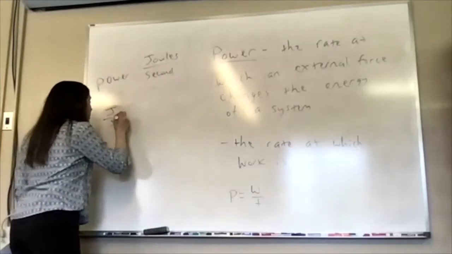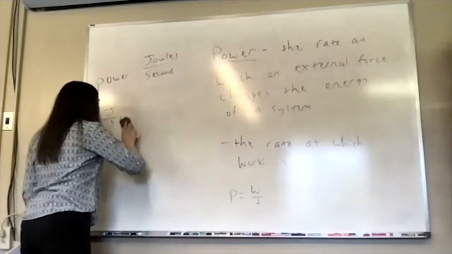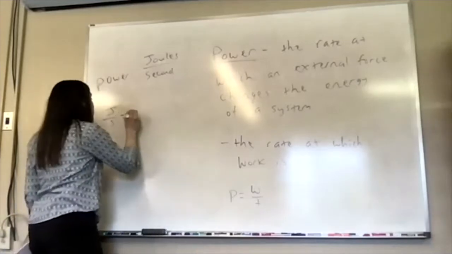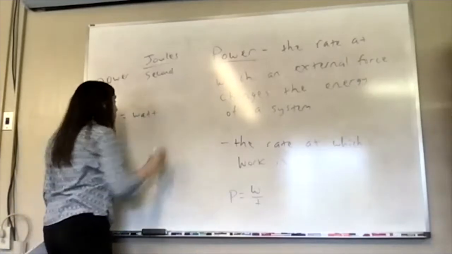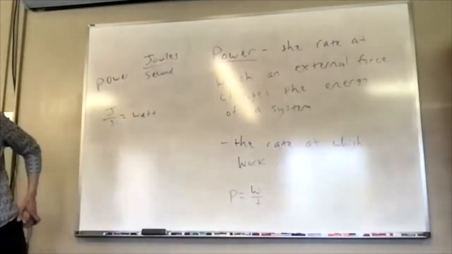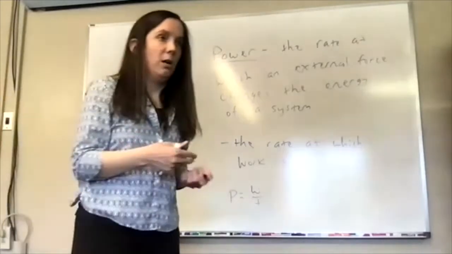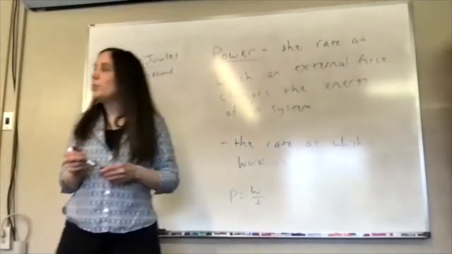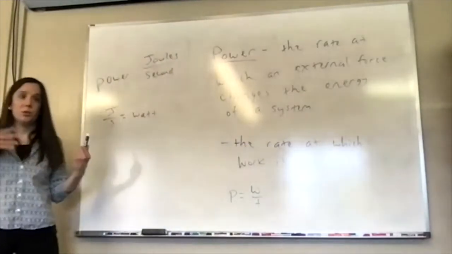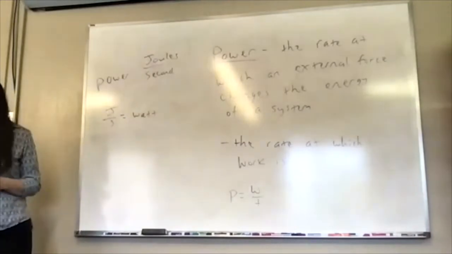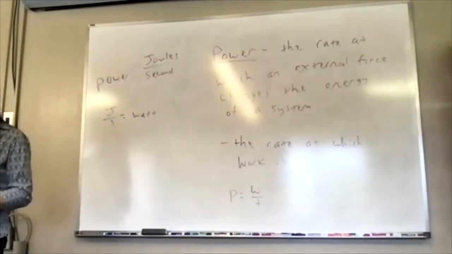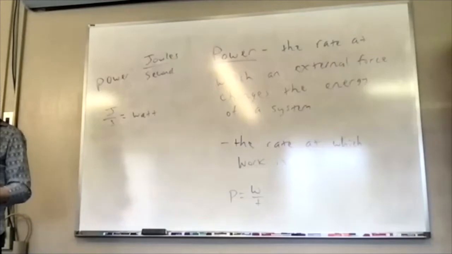So a joule per second is the same thing as a watt. So you've seen watts on light bulbs, for example, on your outlets. You measure watts with electricity, and that's what a watt represents. So a watt represents joules per second.